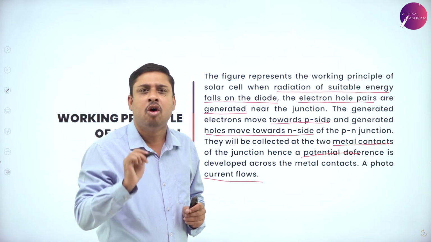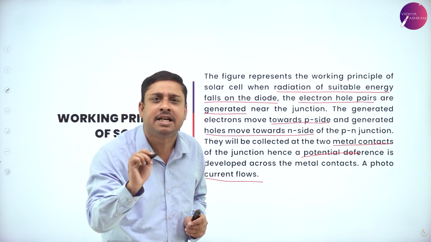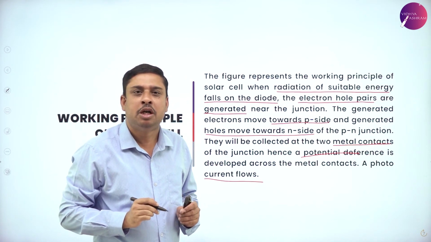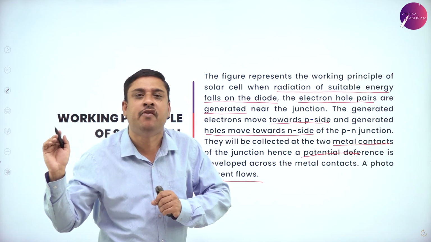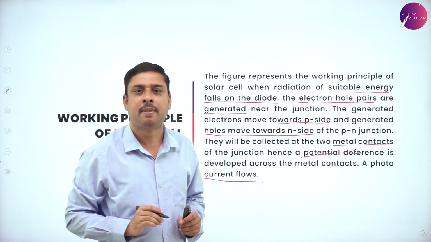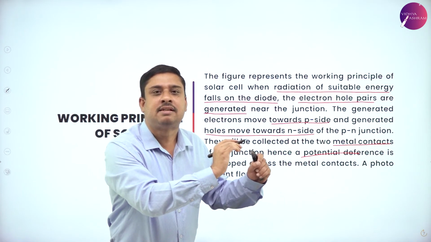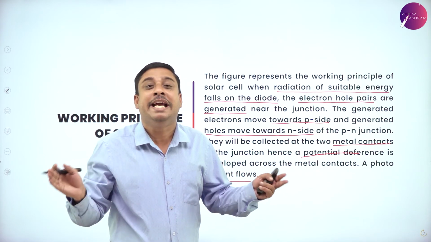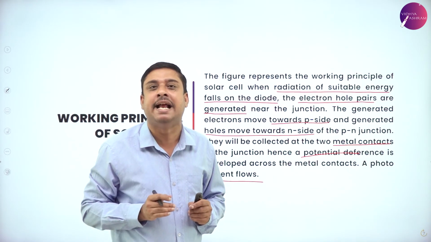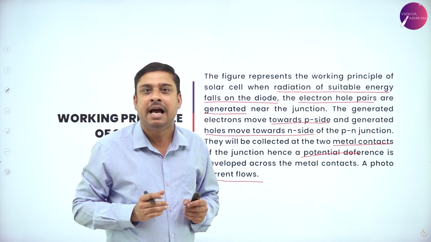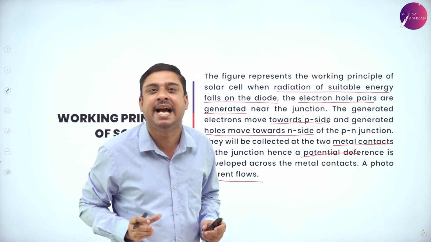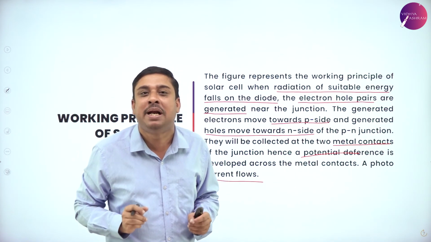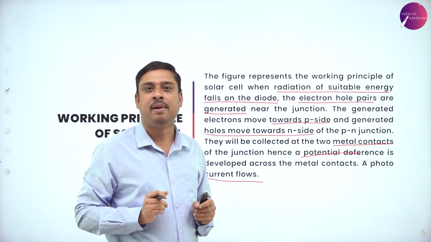Light of suitable energy falls on the diode. Now the holes start moving towards n-type. Electrons start moving towards p-type. Recombination of holes and electrons. Electron hole pairs are created. Charge carriers are created. The depletion region breaks down.